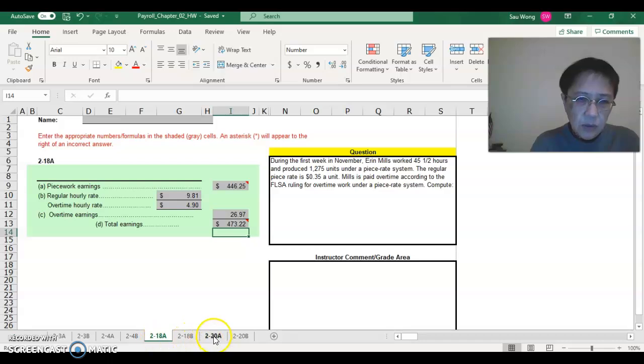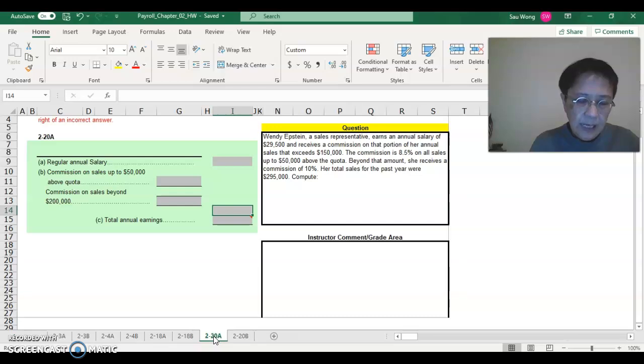Let's go to 2-20A. Wendy Epstein, a sales representative, earns an annual salary of $29,500 and receives a commission on that portion of her annual sales that exceeds $150,000.